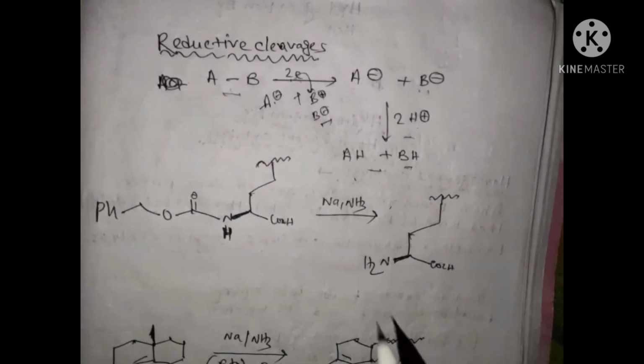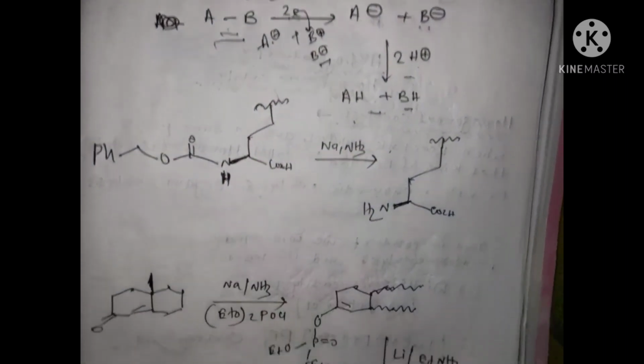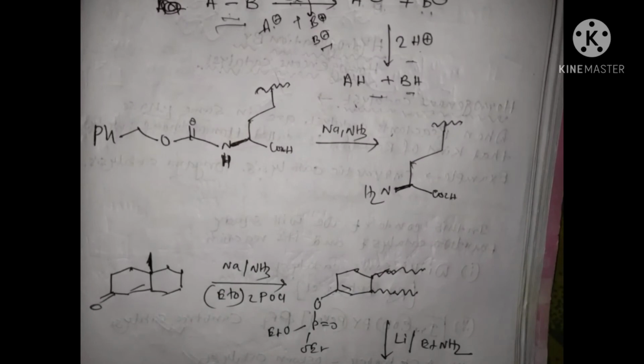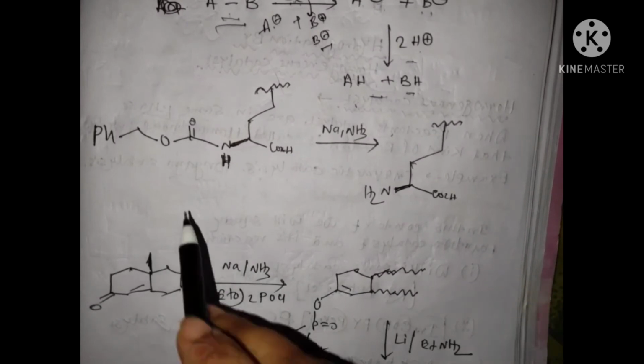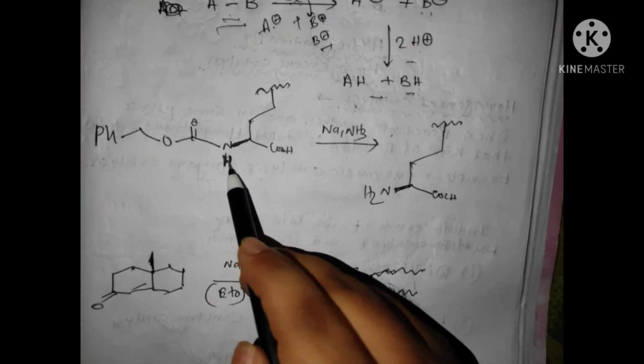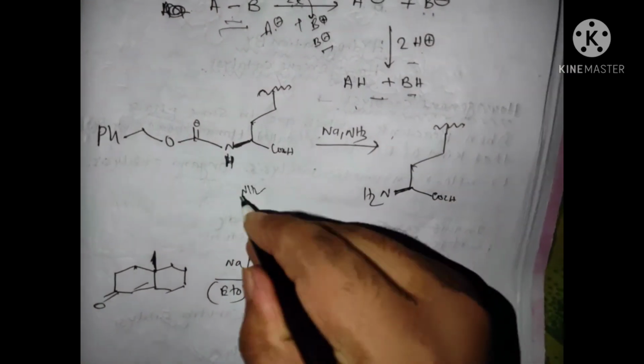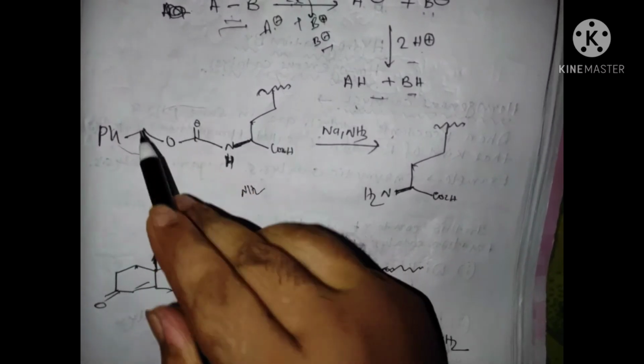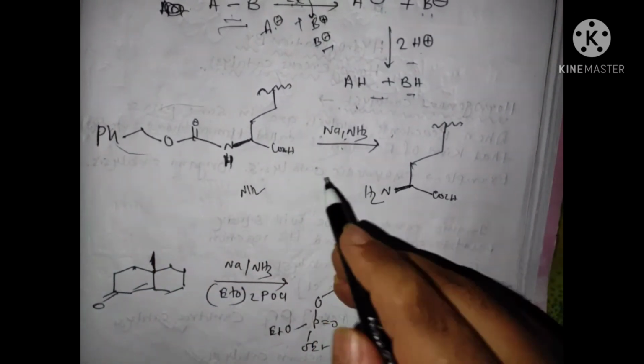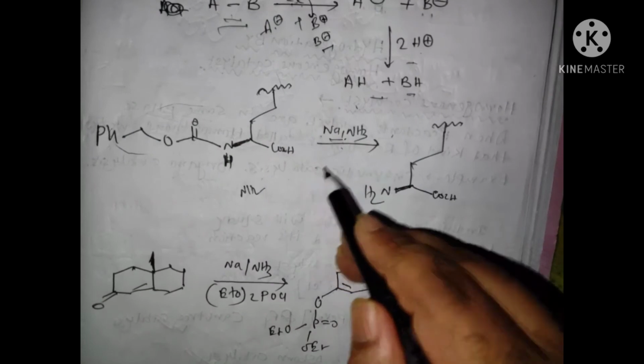So this is the general example. Here is an example where the NH2 group is protected by this group, and it can be reductively cleaved by sodium liquid ammonia.